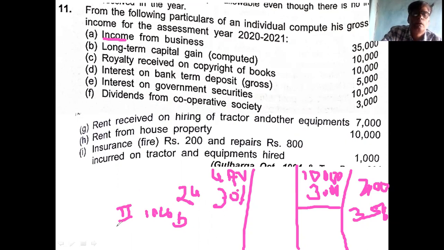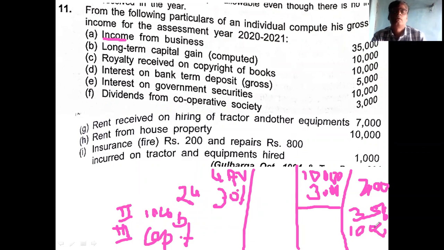Next head. Third is capital gain. What is the long term capital gain? 10,000. Okay, 3 heads completed.